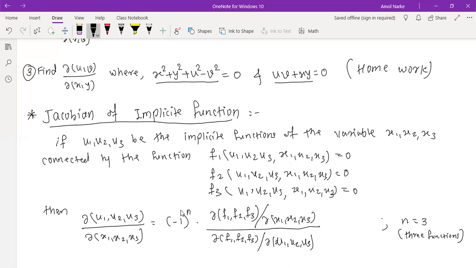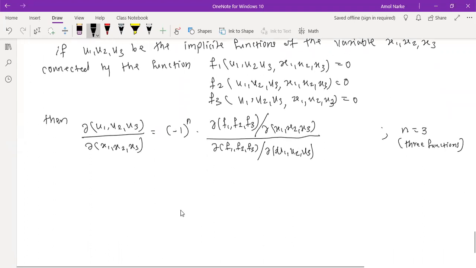Got it, everyone? F1, F2, F3 with respect to x1, x2, x3, and F1, F2, F3 with respect to u1, u2, u3. So the important thing is that here you need to convert in terms of this. Now let's take this as an example. For solving this, what is f1 here? F1 is this and f2 is this.